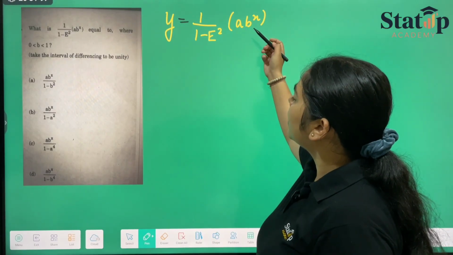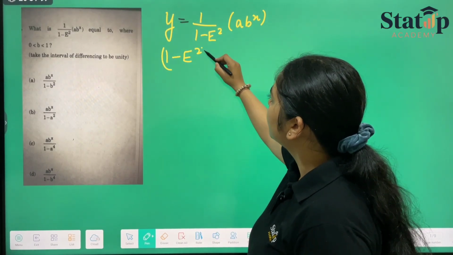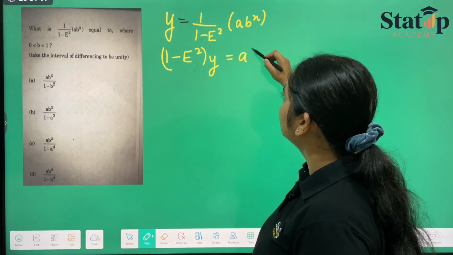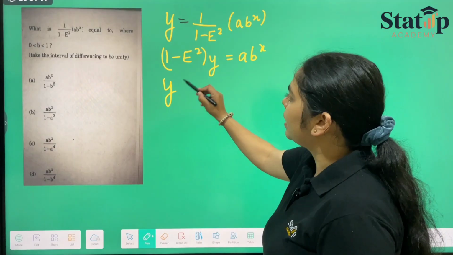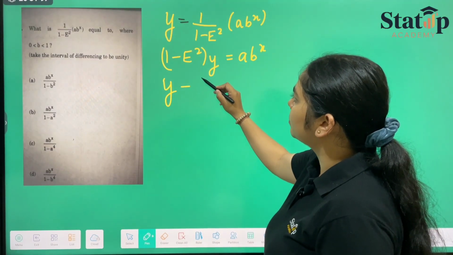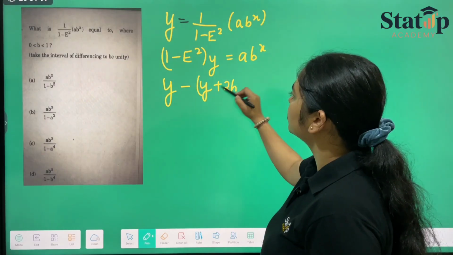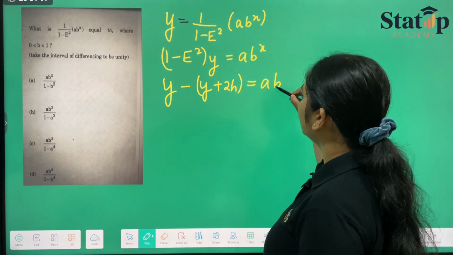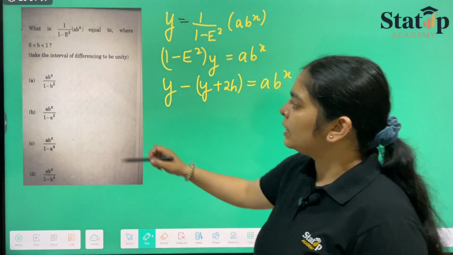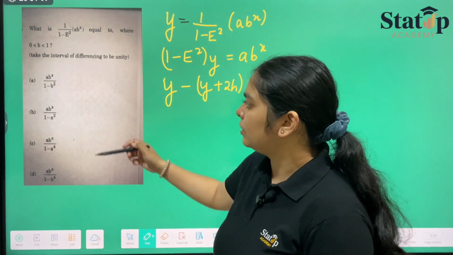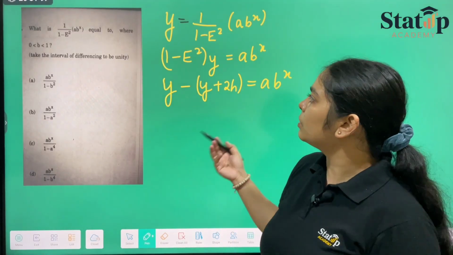Now let us take it on the left hand side: (1 minus e square) y is equal to ab^x. Now 1 multiplied by y will be y, and e square multiplied by y will be y plus 2h, is equal to ab^x. Now the one that will solve this, this is the hit and trial method. We will be taking A, B, C and D options in place of y to see which one is coming.